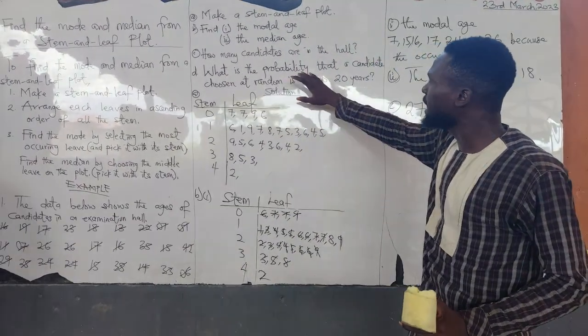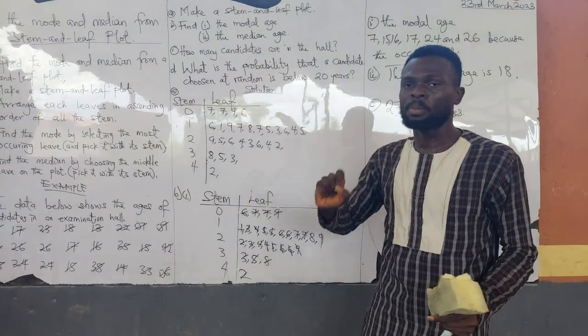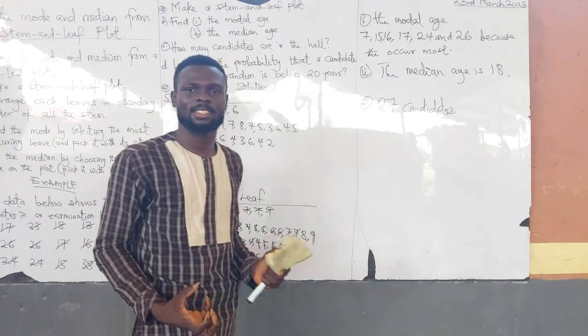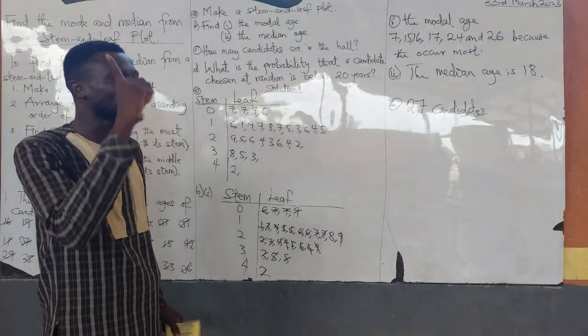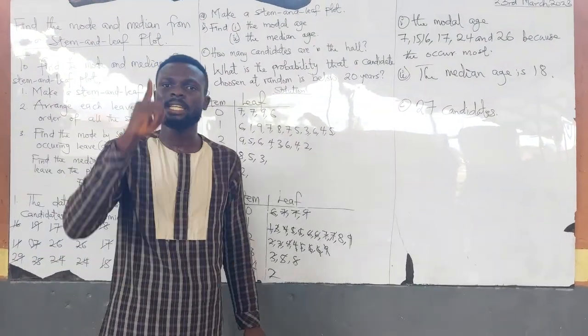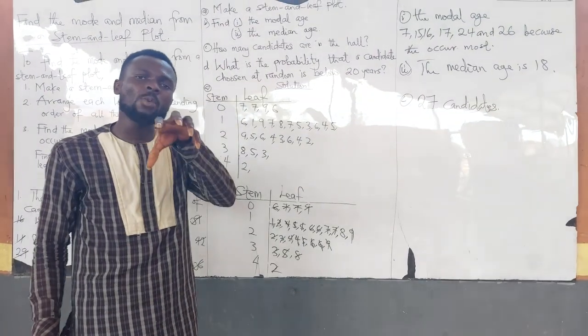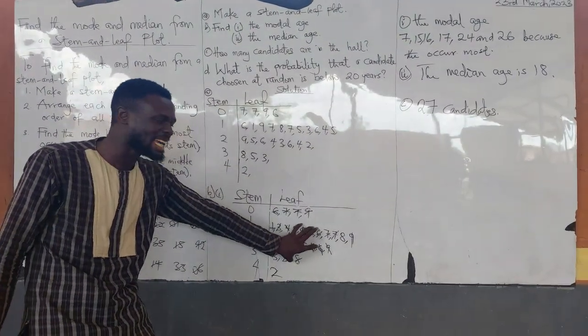What is the probability that a candidate chosen at random is below 20 years? Before we do this, we are going to use the data that we have here.